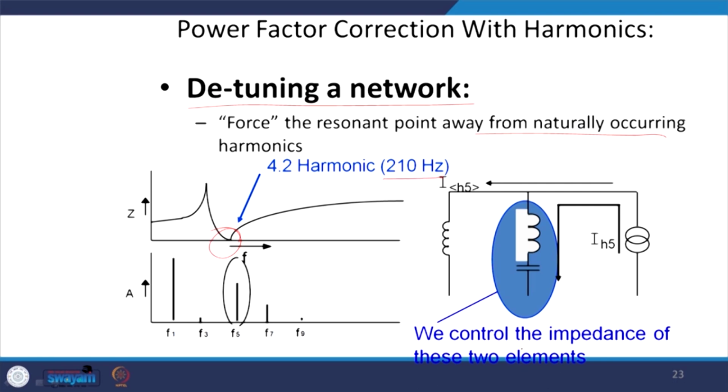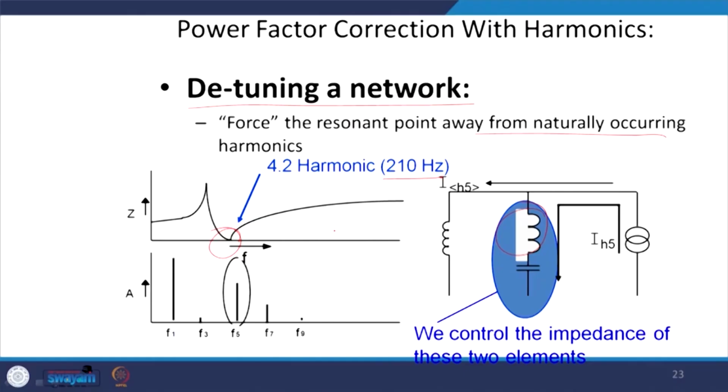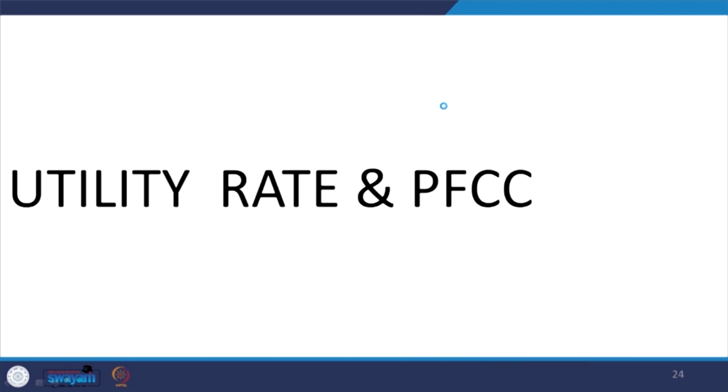So, we control the impedance of the two elements, that is basically the FACTS devices, and we can control the value of the inductor so that the effective impedance of these devices can be controlled, and you will detune it from the FACTS devices, and thus it will not fall into the trap of the 5th harmonic or 7th harmonic.